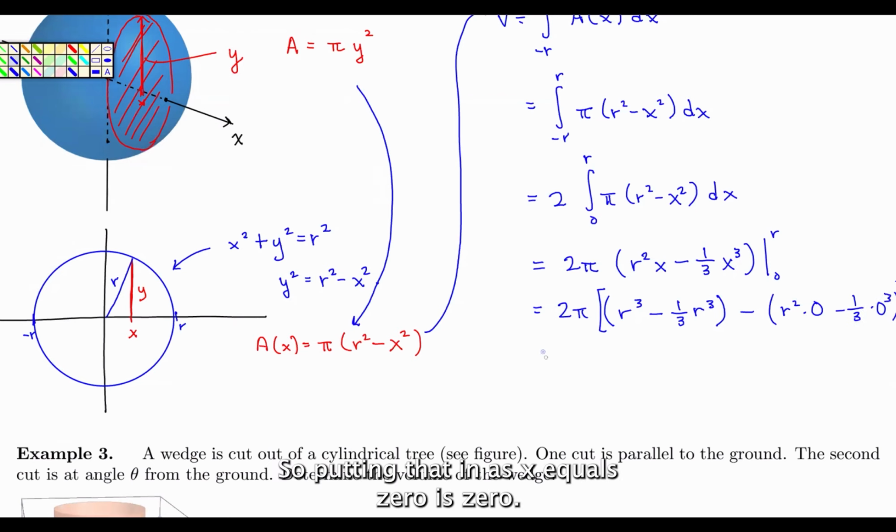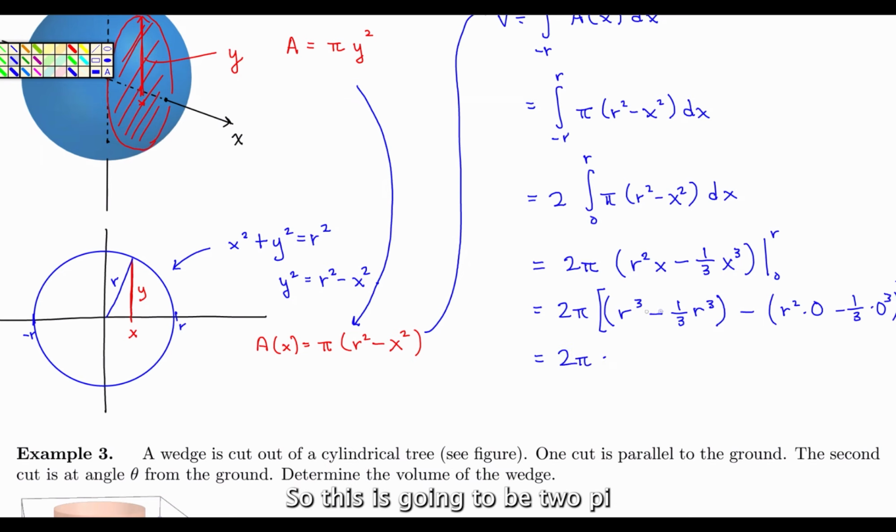Okay, so putting that in as x equals 0 is 0. So this is going to be 2 pi times, we have r cubed minus 1/3 of r cubed is going to be 2/3 of r cubed. So our volume of a sphere ends up being 4/3 pi r cubed.